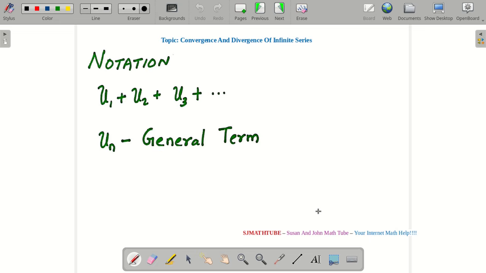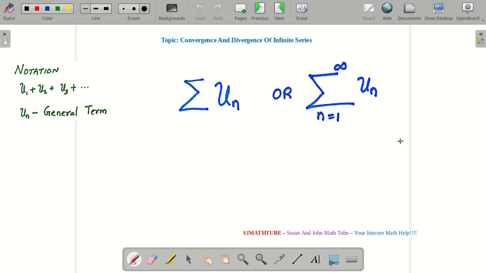Okay, now I want you to note the notation. As I told you before, a series means you keep on adding the sequence. And I hope you're familiar with UN. Some books might use the notation TN or AN. So UN, TN, AN stands for the general term or the nth term. Okay, now the next one, sigma UN.